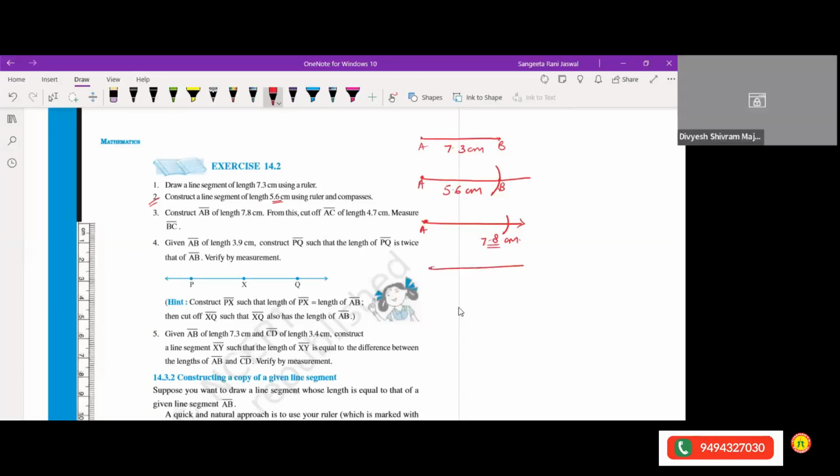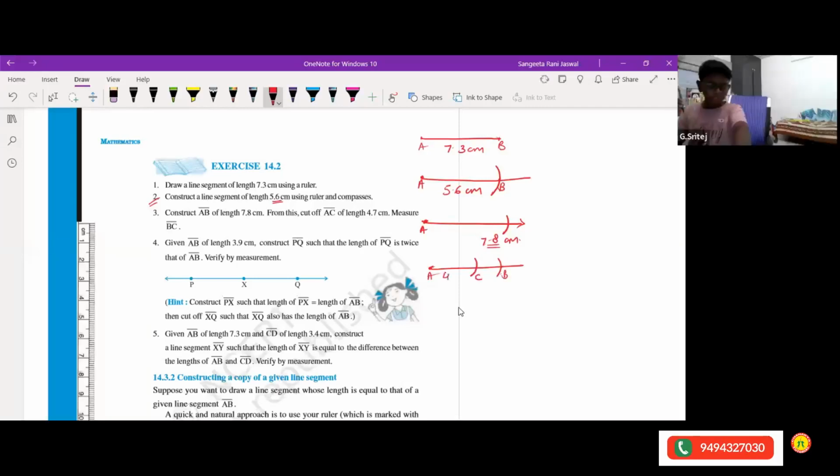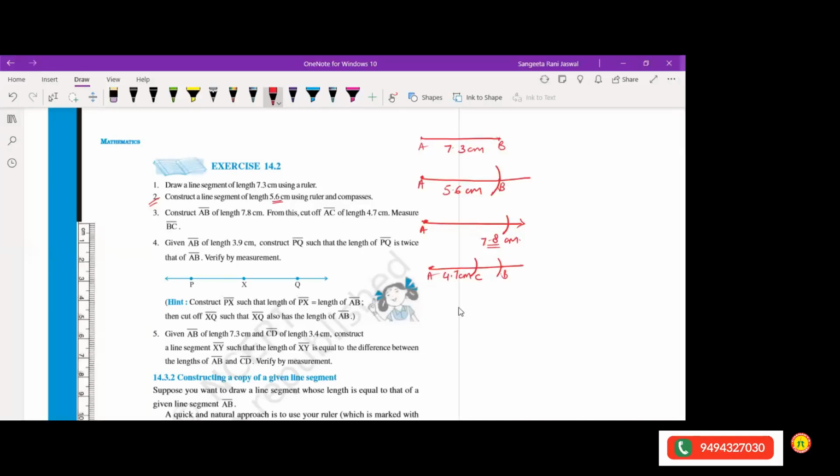Now, on this same line where you have marked this, measure your compass to 4.7 centimeters. At 4.7 centimeters, make another arc cutting this same line. If this point is B, mark this one as C. Ma'am, the first arc which you made, its length is 7.8 centimeters.